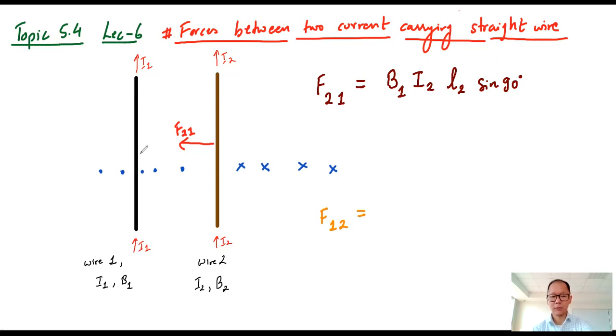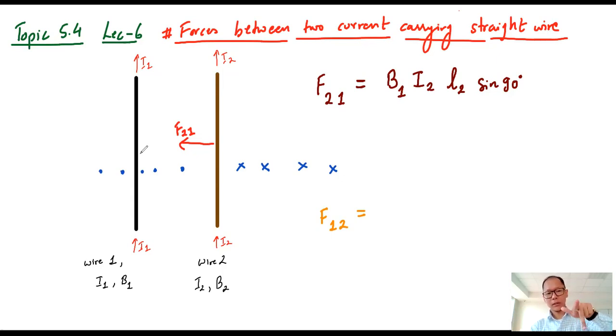The dot means the field is coming towards you. So that means you point your finger outside of the page. And now, if you look at the direction of the current, it's upward. It's a little difficult to do, but we can still try it.